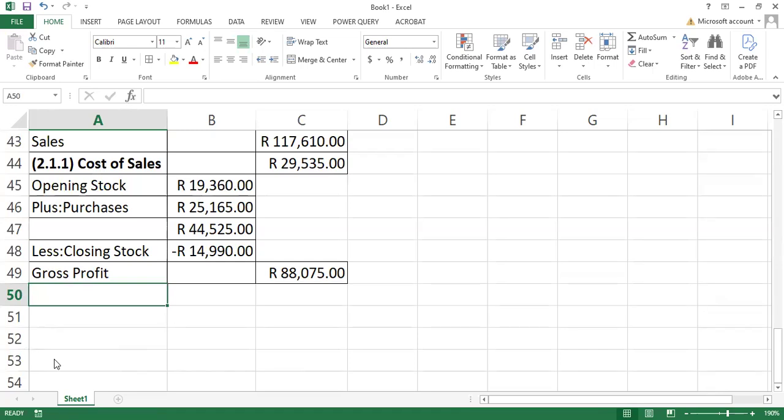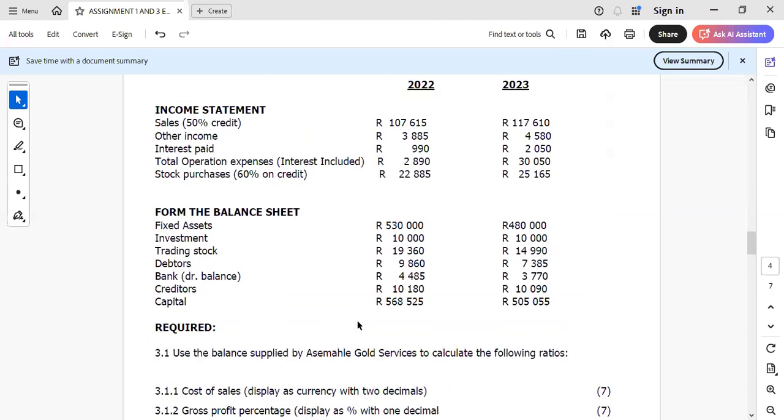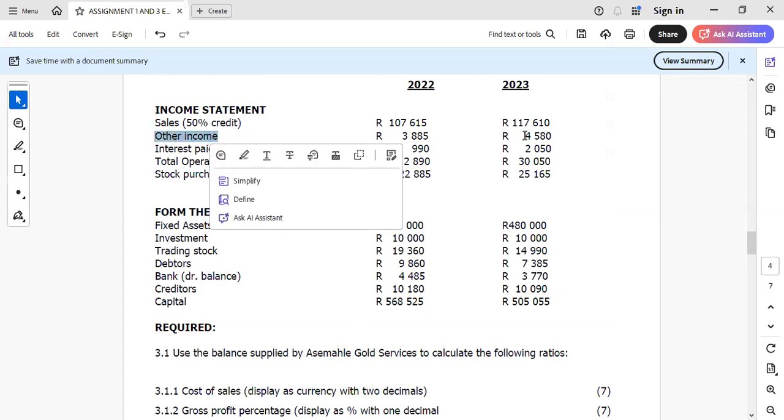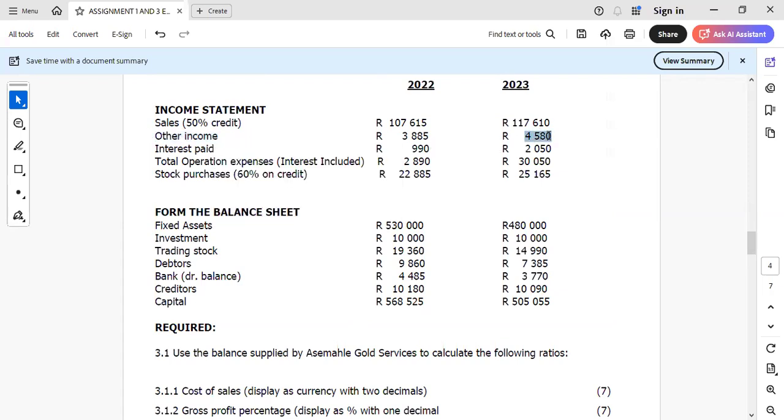Now we need to check if we do have what is called incomes and expenses. Let's go through our question paper. Okay, we have this other income, which is 4580.